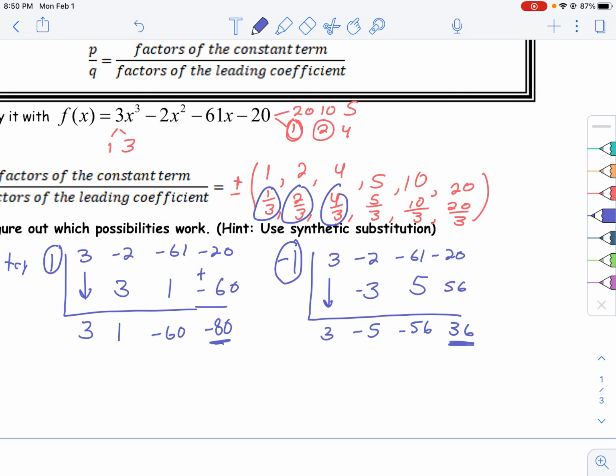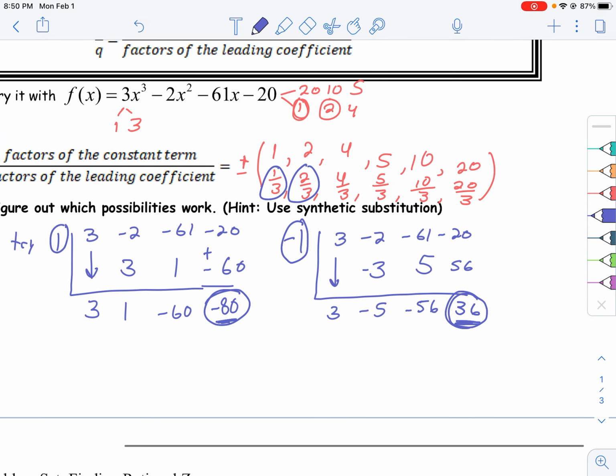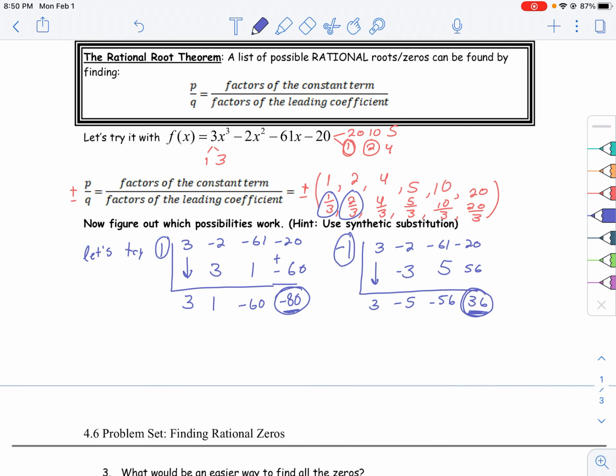So that's telling us that one of these fractions, oops, sorry, not the 4/3, either 1/3 or 2/3 is going to be a solution that works. And that's because if you plug in 1, you get out negative 80. If you plug in negative 1, you get out positive 36. So, narrowed it down to 1/3 or 2/3.